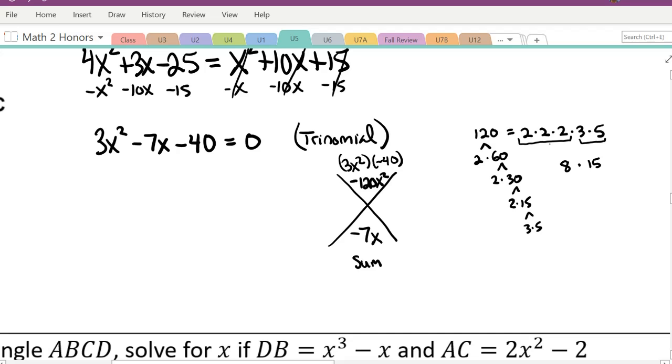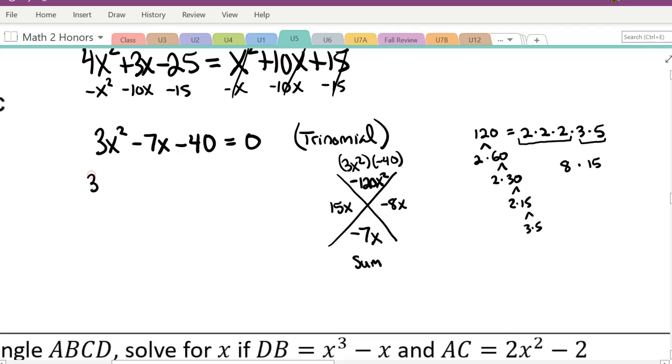And I know that 8 times 15 would be 120. And it just turns out here that that's exactly what I need, because if I subtract 8 and 15, I get negative 7. So I'm going to have a 15x and a negative 8x, because here this is going to work for me. When I add those together, I get negative 7x, and when I multiply them together, I get negative 120x squared.